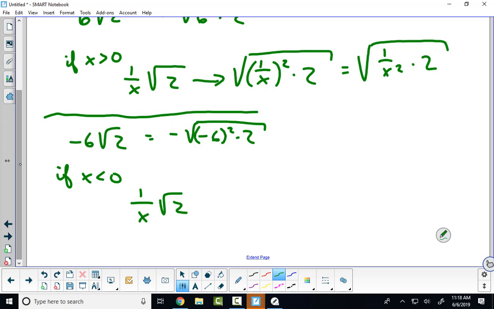Do you see the minus sign? No, you don't see it, but you know x is negative. So when I bring this in as the square root of 1 over x squared times 2, what do I need to put here? A negative sign. Folks, that is a very subtle and complicated step.